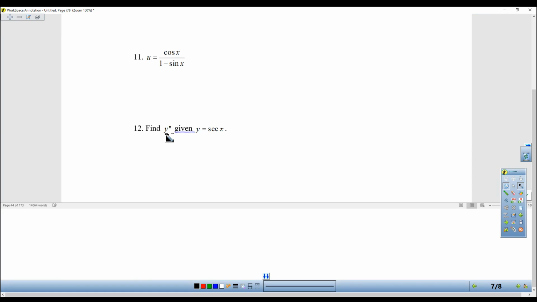So this one's asking for the second derivative. So the first derivative of secant is secant x tangent of x. It's just a rule. You literally look it up on the list, write it down. But to do the second derivative, don't forget it's product rule. You can't just take the derivative of one trig function at a time. You have to use product rule.